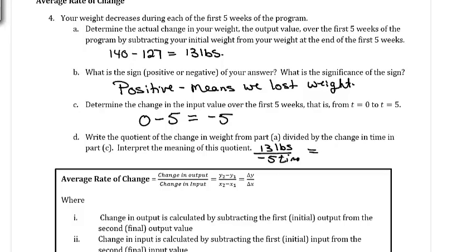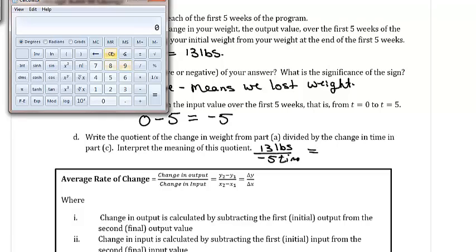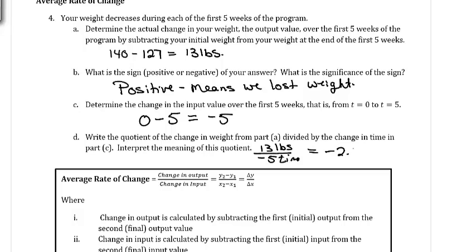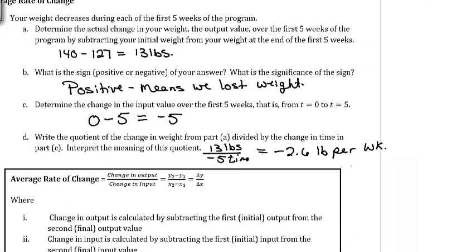If we actually do this division, 13 divided by negative 5 gives us negative 2.6. And this is pounds per week. And what is the meaning of this? The meaning of this is that on average, we lost 2.6 pounds per week.